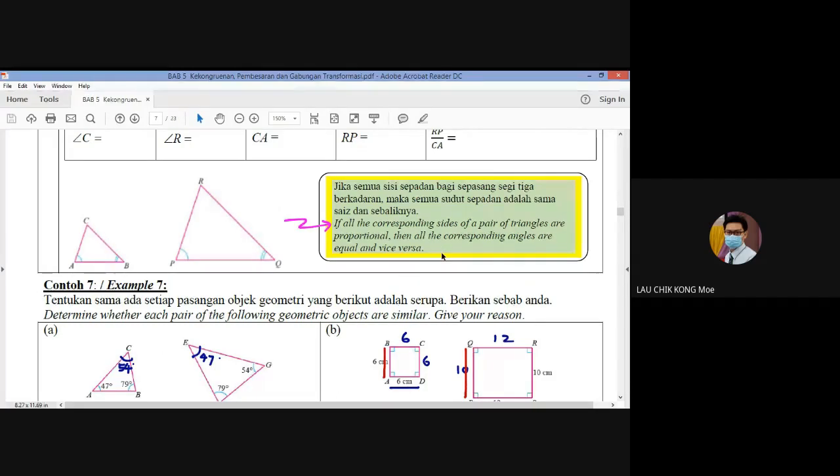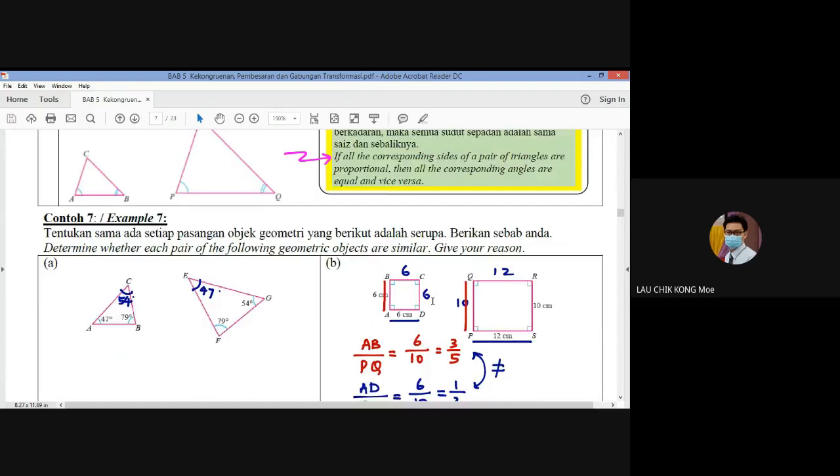Maksudnya, kalau dua segitiga itu perkadaran, semua nisbah sisi sebadan adalah sama, automatik dia punya sudut pun semuanya sama. Ataupun kalau semua sudut dia sama, secara automatik sisi sebadan pun dalam nisbah yang sama. Salah satu memang sudah memenuhi sebab dia memang akan sama. Okay? Itu maksud dia di sini.